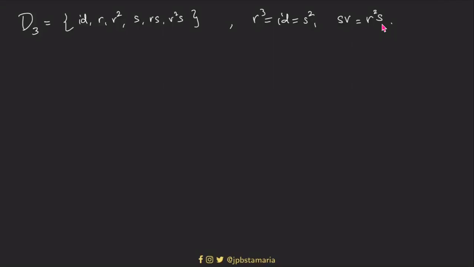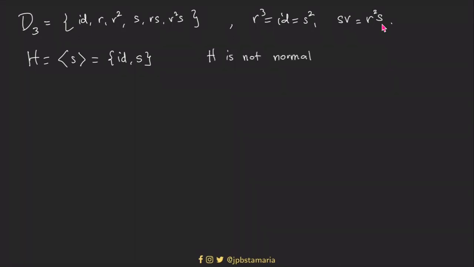Let me take the subgroup H generated by S. This time it has order 2. This time you will see that H is not normal.